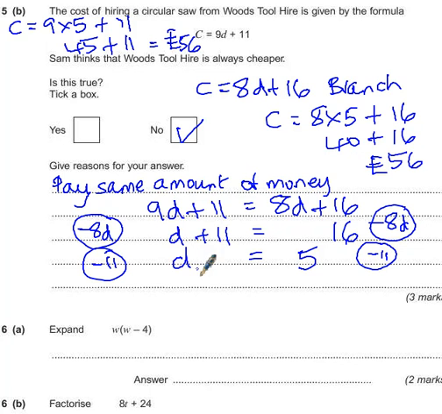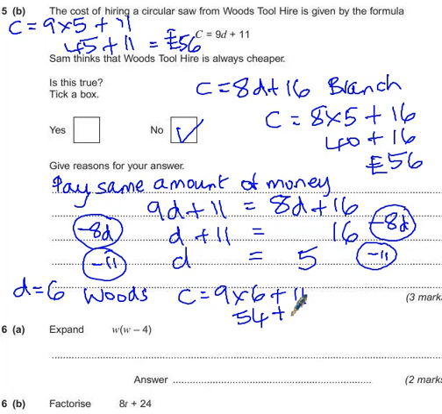Now if we look back, we could do this question by choosing different days. If we chose 6 days at Woods, the cost would be equal to 9 times 6 plus 11. 9 times 6 is 54 plus 11 is £65.